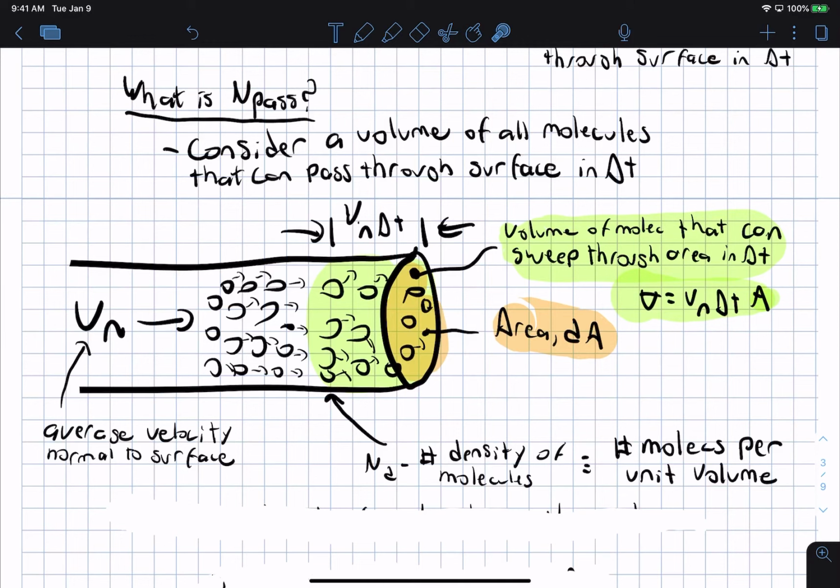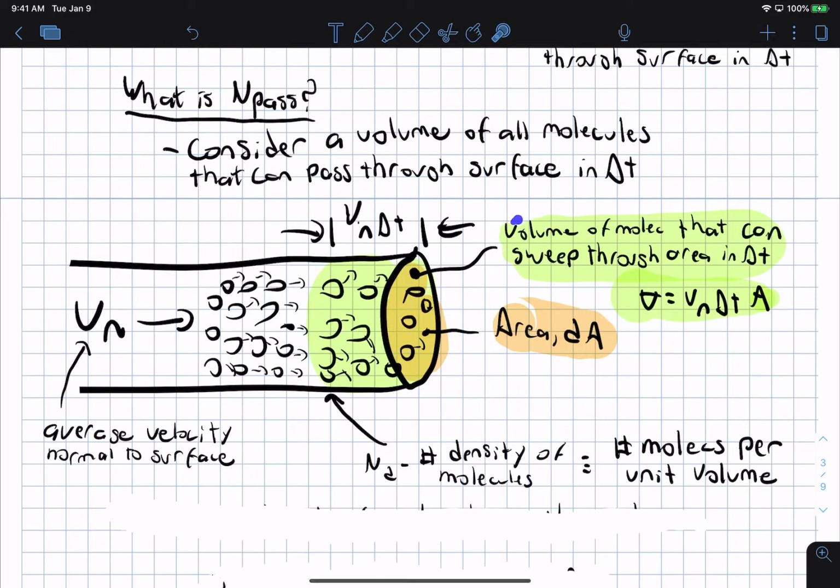so we could determine the number of molecules that can pass through the surface, one, by standing on the surface and then basically counting all the molecules that pass through the surface. That's not really practical. Or we could just consider all of the molecules that could potentially pass through the surface.